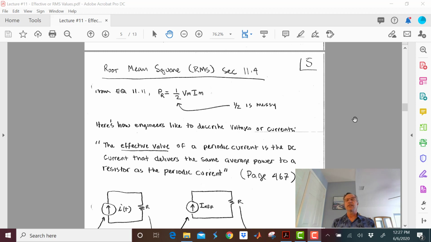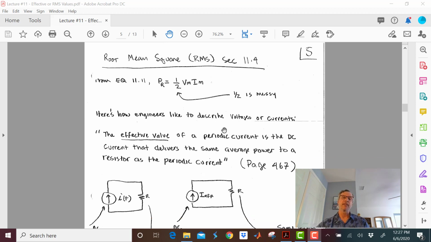Let's introduce a new concept. And the concept is more important than the √2, I would say. And it's really a simple concept once you get it. And like so many things, our textbook, Alexander and Sadiku's Electric Circuits, just said it beautifully.